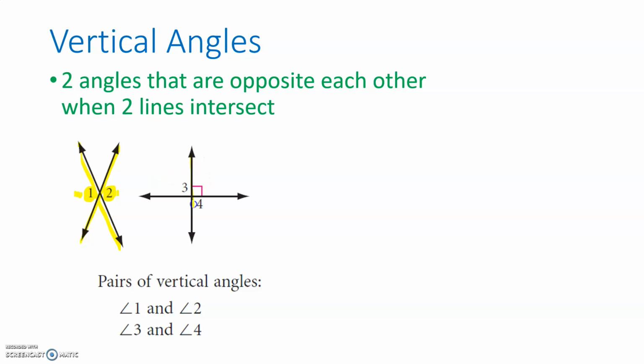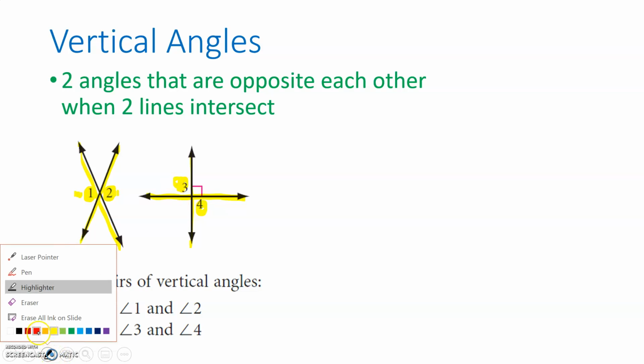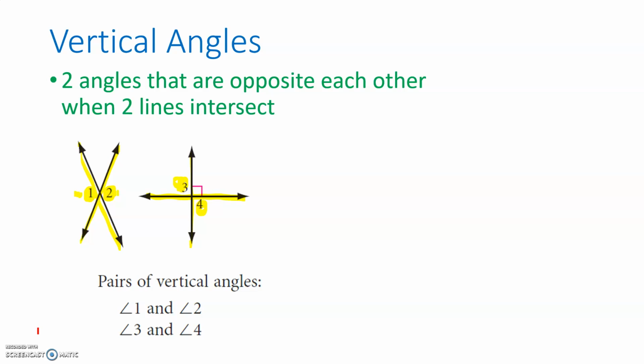In this drawing, here I have perpendicular lines. They don't have to be perpendicular, but in this case they are. Doesn't matter. There's still 2 lines that intersect, and here's an angle 3 and a 4 that are opposite from each other when the lines intersect. So those are vertical angles.